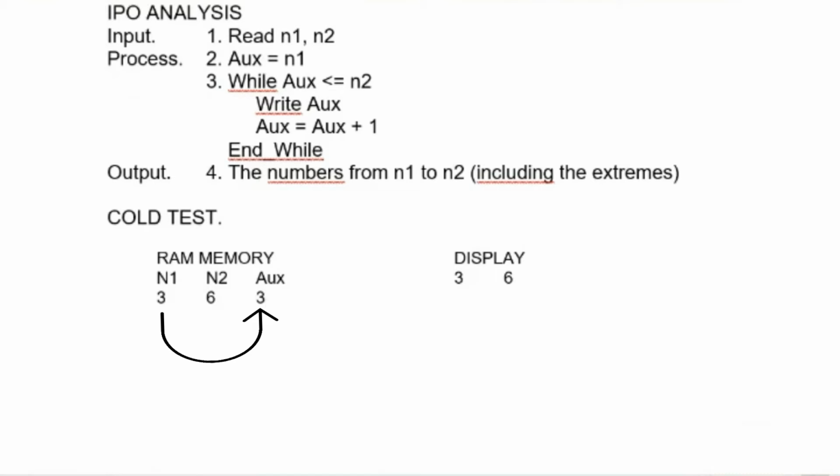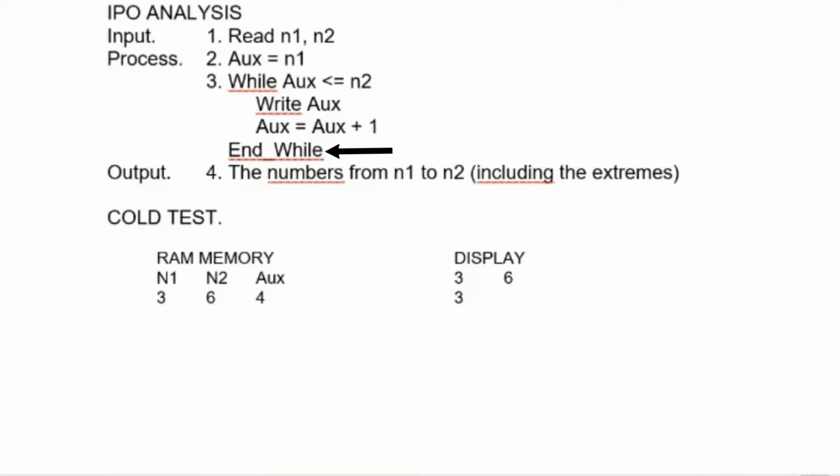Okay? Now, while aux is less or equal than N2, that means while 3 is less or equal than 6. First, write aux. Aux stores 3. And aux is equal to aux plus 1. So aux stores 3, then now plus 1, aux is equal to 4.